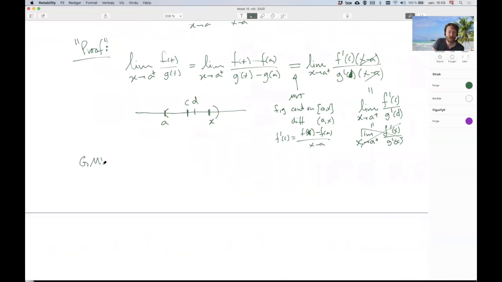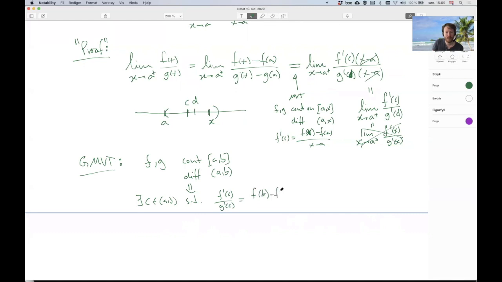So what's the generalized mean value theorem? It's almost like the mean value theorem, but it involves two functions. So it says that if f and g are continuous on [a,b], differentiable on (a,b), and I also have to put some extra condition on g, then there exists a point c in (a,b) such that f prime of c divided by g prime of c is equal to f of b minus f of a divided by g of b minus g of a.